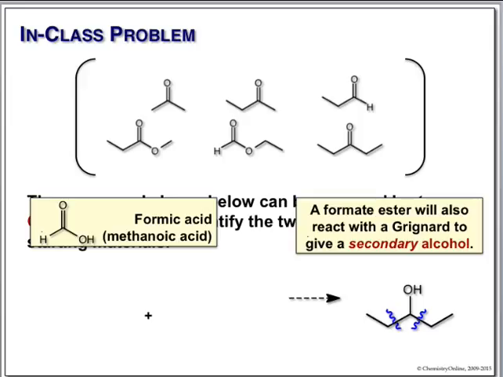The alkoxide is lost. The hydrogen still lives right here. So we have 2 moles of ethyl magnesium bromide. Any questions?